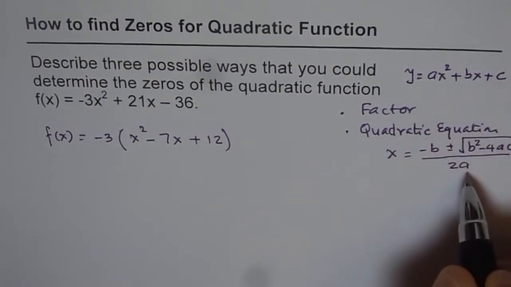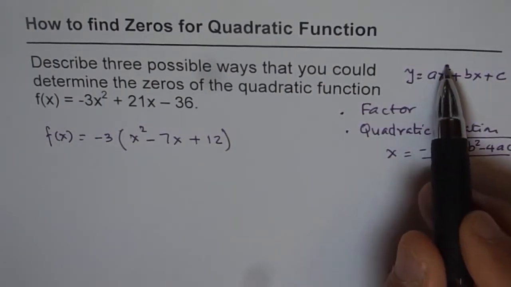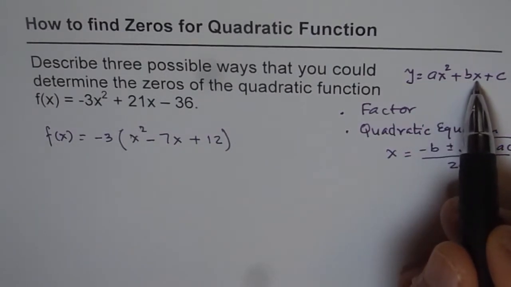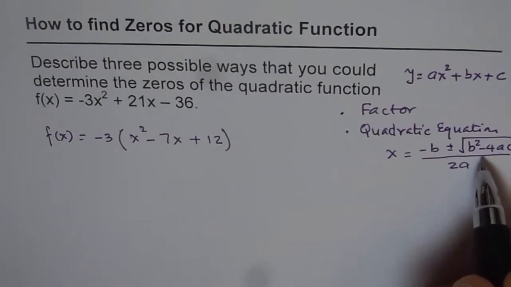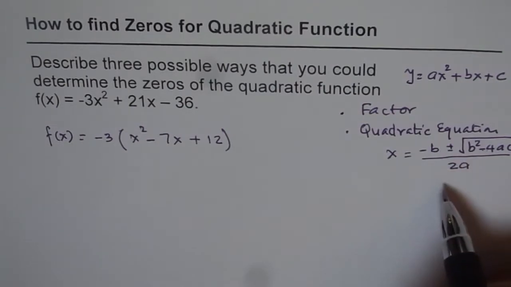So a is the leading coefficient, or the coefficient of x squared, b is the coefficient of x, and c is the constant. A solution means you're finding zeros, and for a quadratic function you may have two zeros if this is positive, one zero if this is 0, and no zero if this is negative. So those are possible solutions.